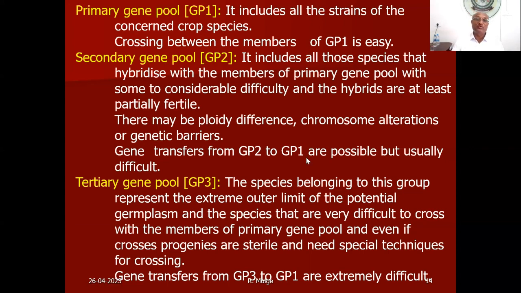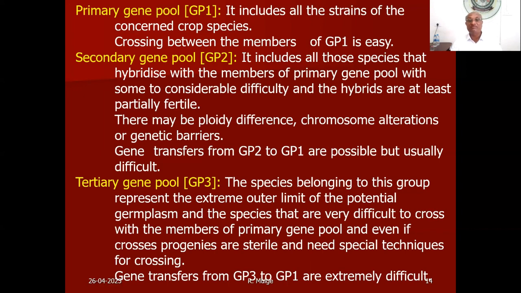And the tertiary gene pool, the species belonging to this group represent the extreme outer limit of the potential germplasm, and the species that are very difficult to cross with the members of primary gene pool. And even if you cross and get the progenies, they are sterile and need special techniques for crossing.